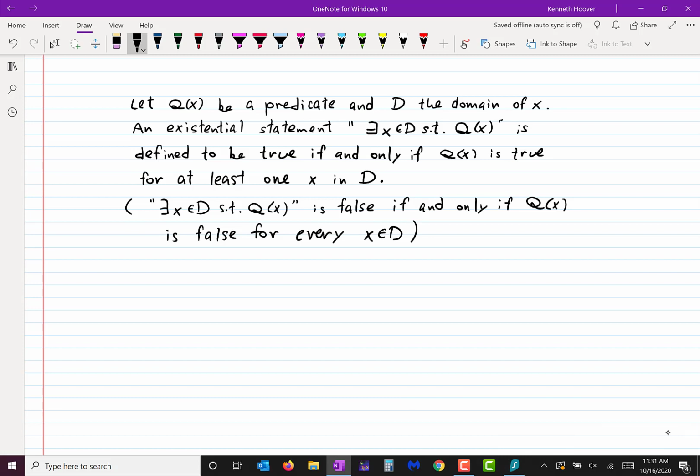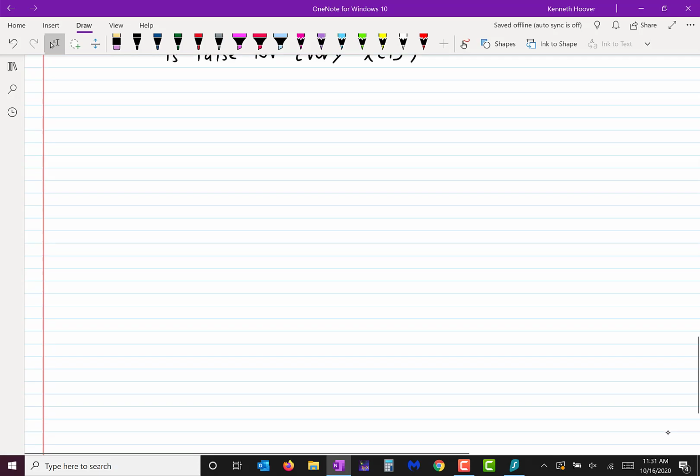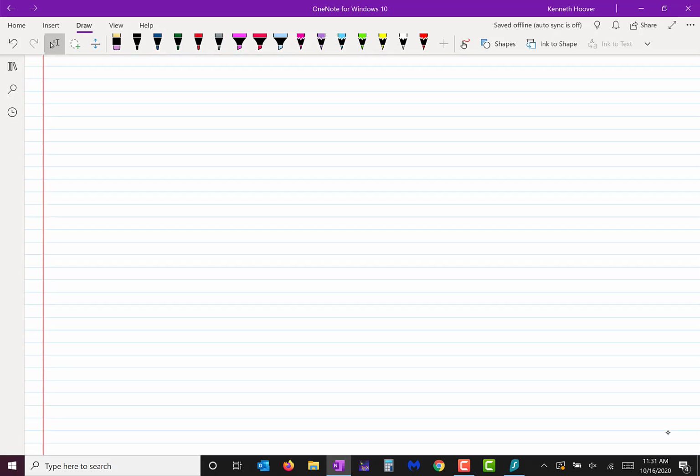Okay, and in the book, they give you lots of examples and practice on translating back and forth between words and symbols. Okay, so you should practice those. Now, let's look in particular at what we call universal conditional statements. That would look like this.